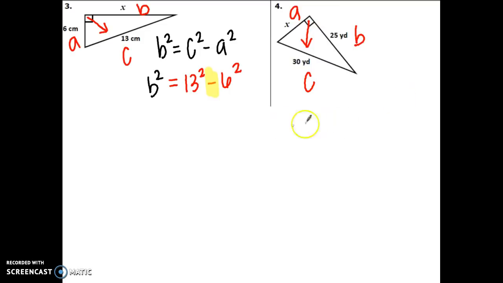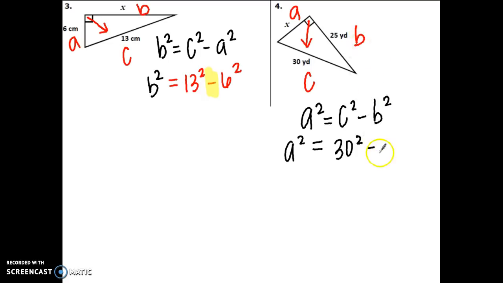So I am going to use my equation for A. So that is A squared is equal to C squared minus B squared. And then we will be replacing the things that we know. So again, A squared is 30 squared minus our B squared, which is 25 squared.